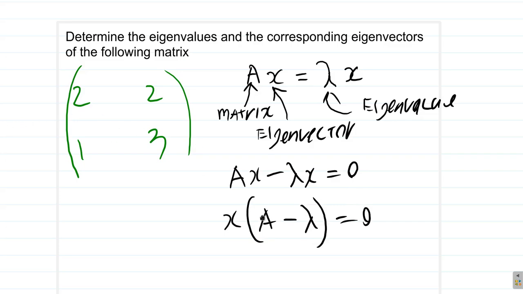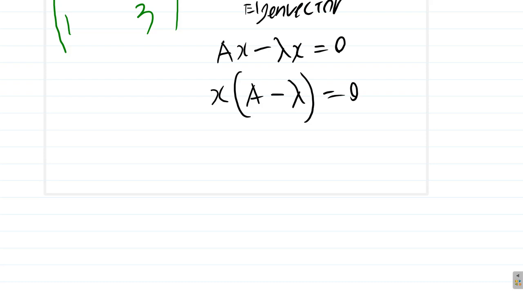Now if you write everything so that they take the shape that they would take, let's put x on the right hand side first, because you would want the 2 by 2 on the left and the 2 by 1 matrix on the right. So (A minus lambda) x equals 0.